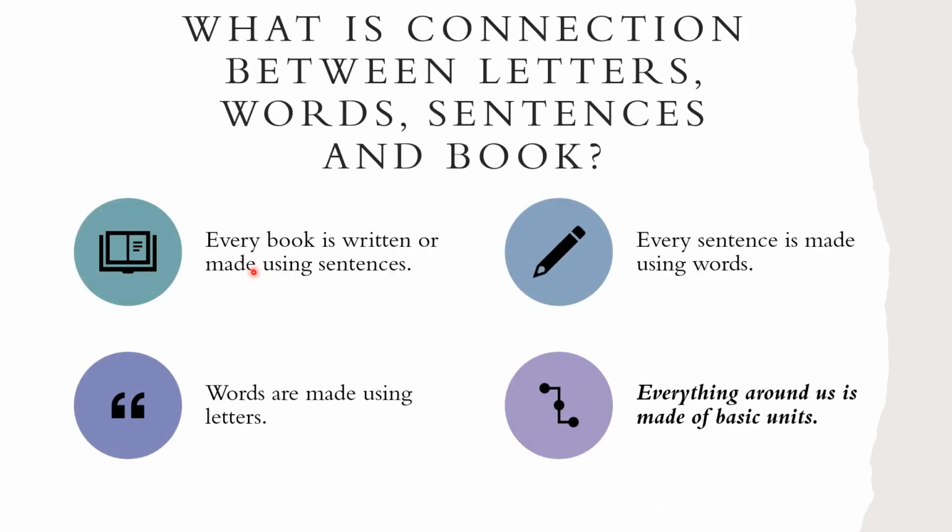So every book must be made of sentences, chapters, words. Most of the books, of course, there are books that exist without words, but let's focus now on this one, which actually has words.